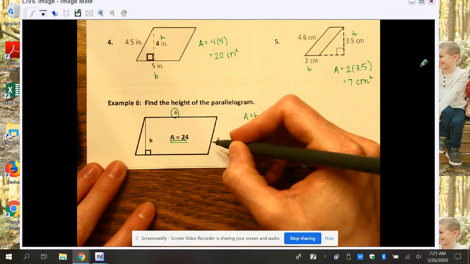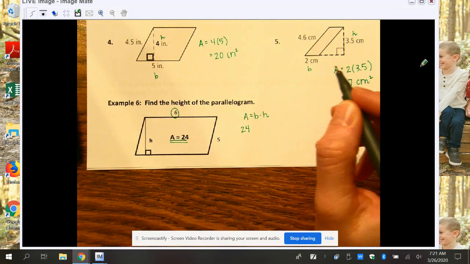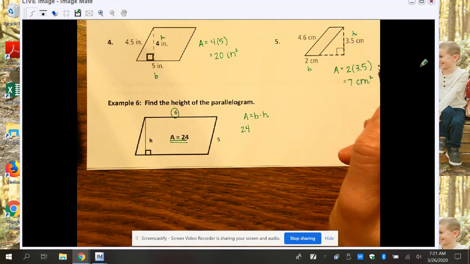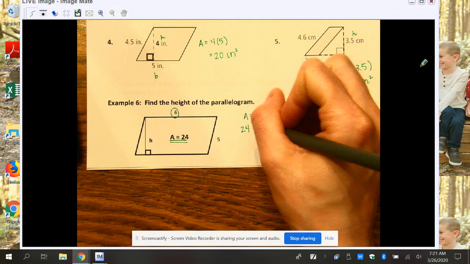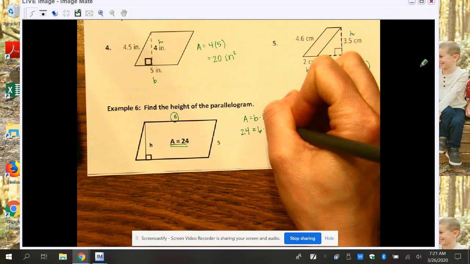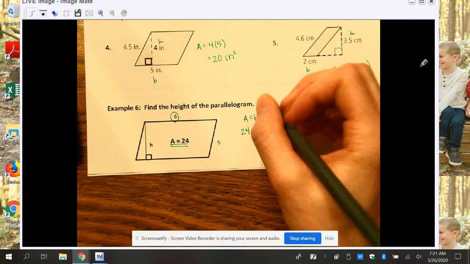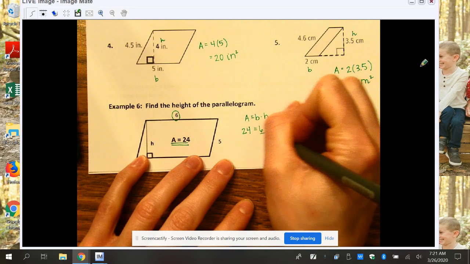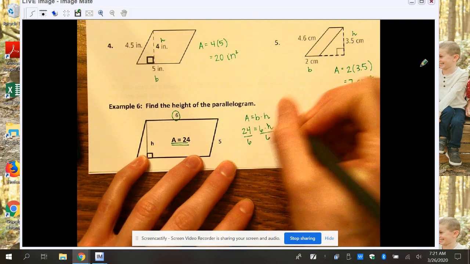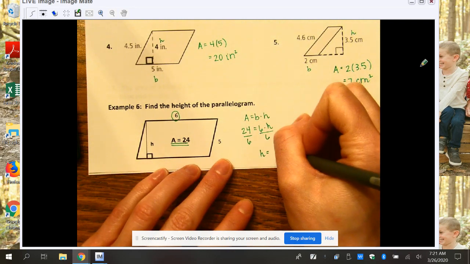The base of the parallelogram is always going to be the side that it's sitting on. So I plug in 6. The height is what I don't know. And so now if I have to solve for the height here, I would just divide both sides by 6. And I would get the height is 4.